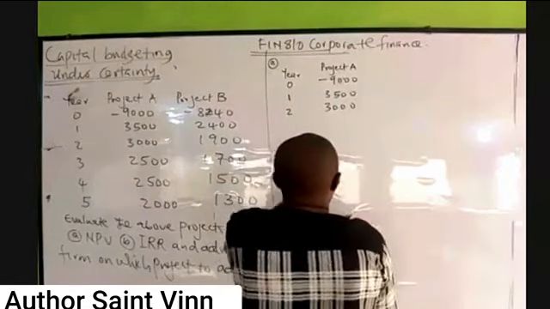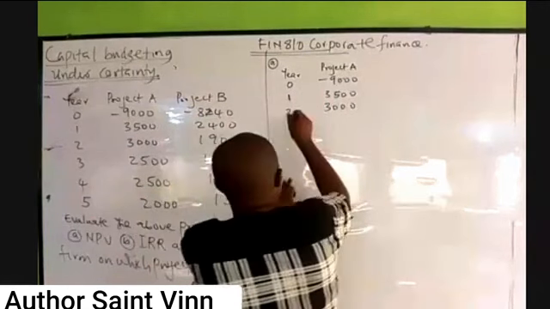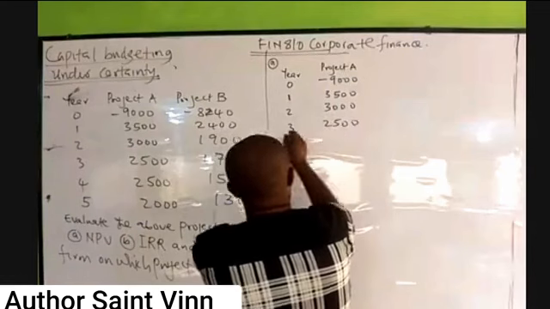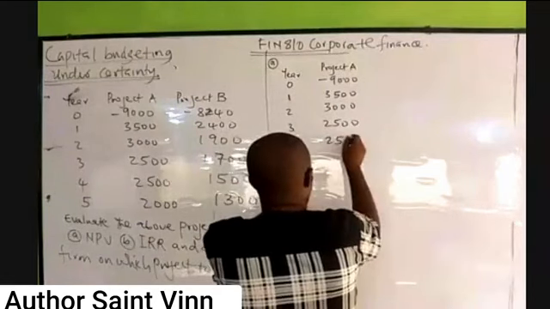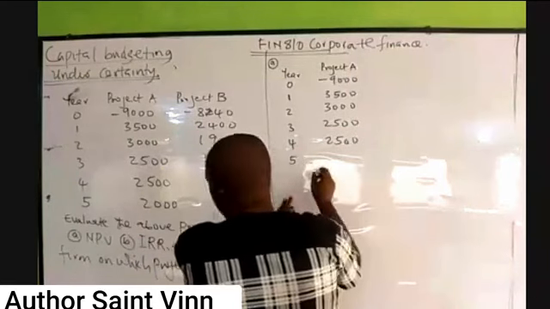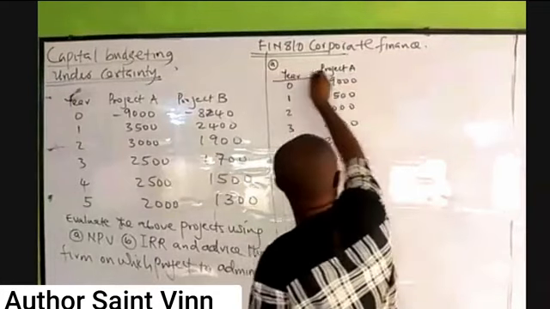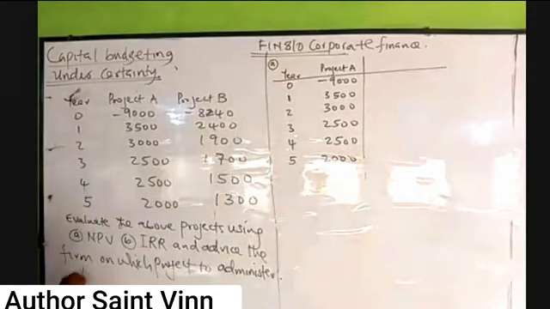Year 3, 2,5. Year 4, 2,5 also. Year 5, 2,000. So, having seen this, our discount factor was 10%.